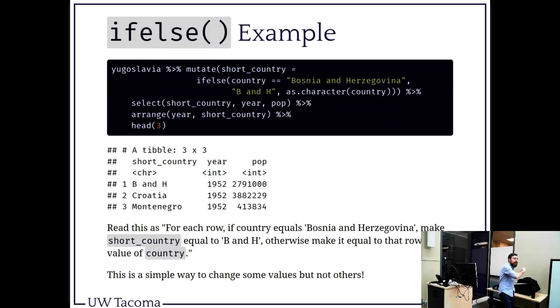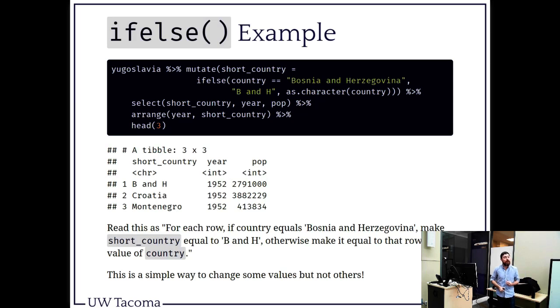We can use if-else inside of mutate to create variables. It's very commonly used to create binary variables for things, but we can also use it to create variables that have particular values or to change values inside of an existing variable. So here what I want to do is create a new variable. I take Yugoslavia, I pipe it into mutate. I'm going to create a new variable called short country.